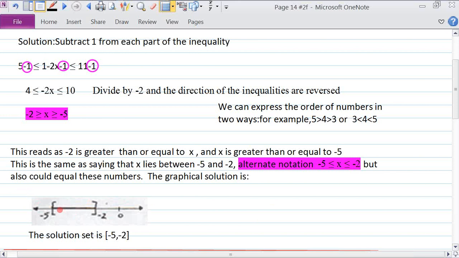So I can't keep on going here. I have to stop at minus 2. So we know that the value of x that would fit this inequality is between minus 5 and minus 2, but also includes the minus 5 and the minus 2. We show that with a square bracket. It includes those because there is an equal sign.